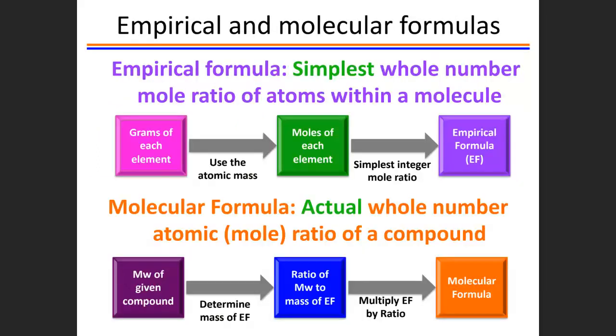Empirical formula: the simplest whole number mole ratio of atoms within a molecule. So gram to mole, mole to empirical formula. I hope that the way we have our presentation makes it very easy for you, correct?